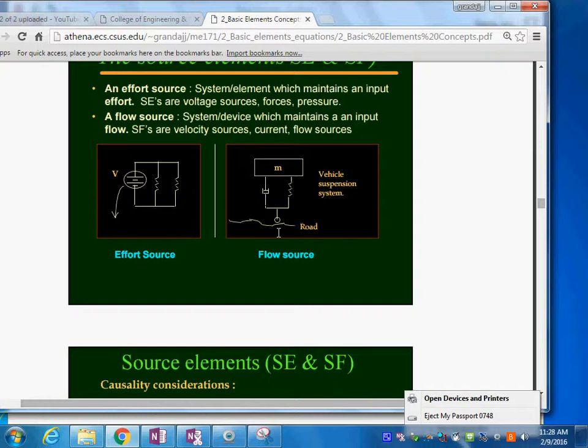And to illustrate that, we put the SE that you see over here, and you put an SF that's next to it. So this has one set of constitutive laws, and the other one has the other one.